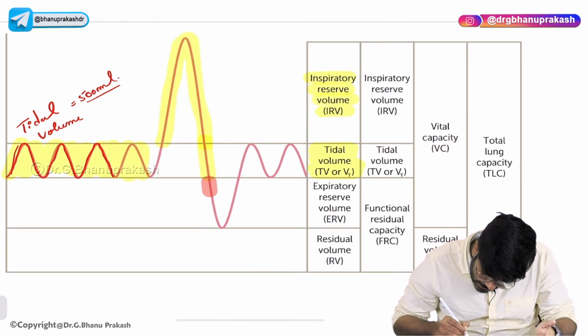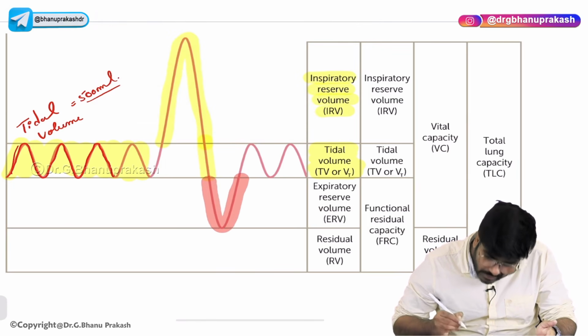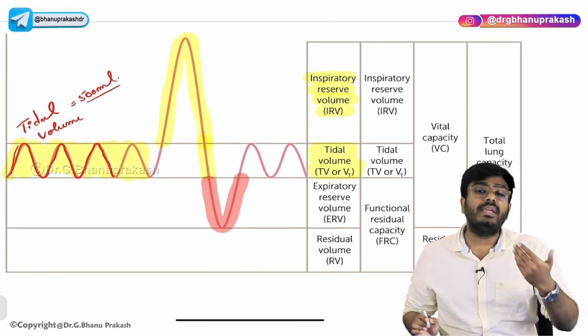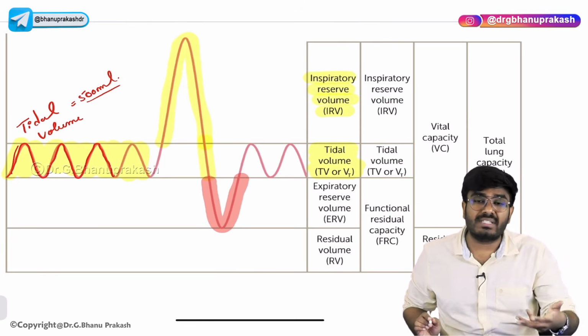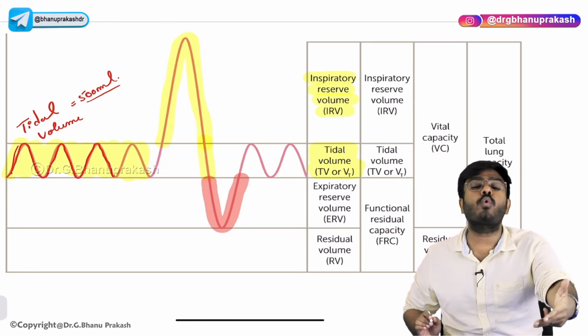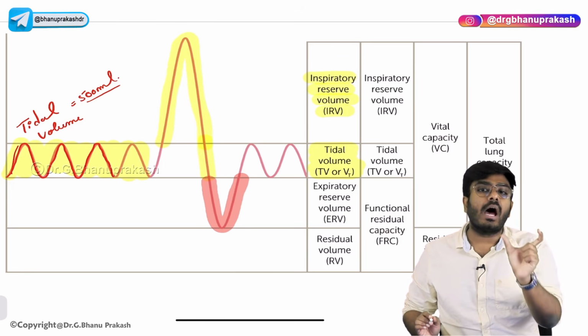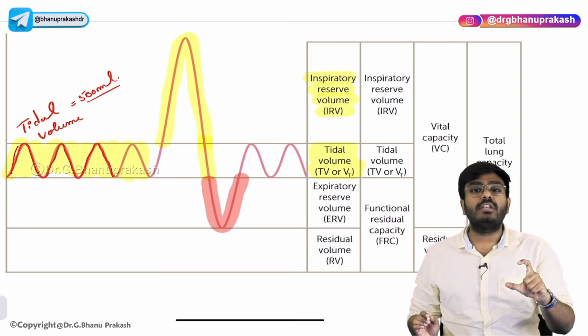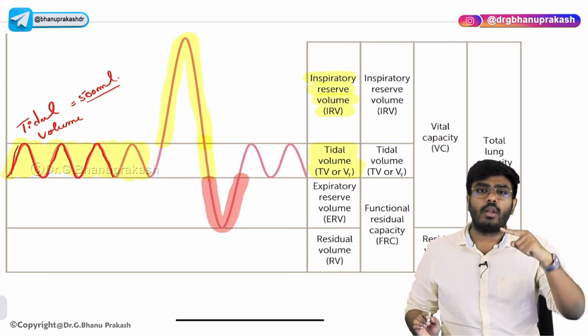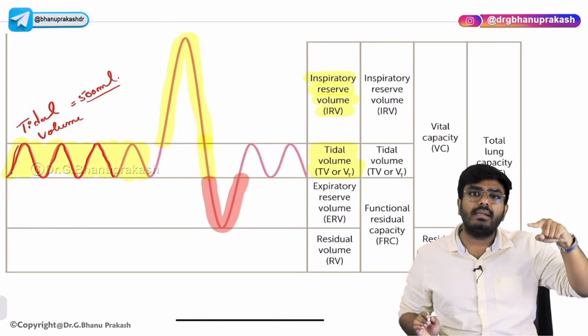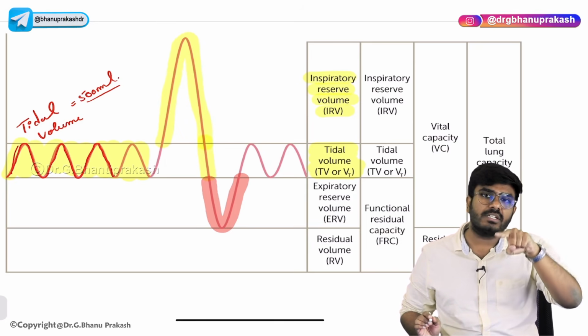The extra air that you can take out of your lungs while blowing the candles or blowing the balloons, that extra volume of air that you take out, is called expiratory reserve volume. Normal breathing is happening in tidal volume, that is tidal respiration.